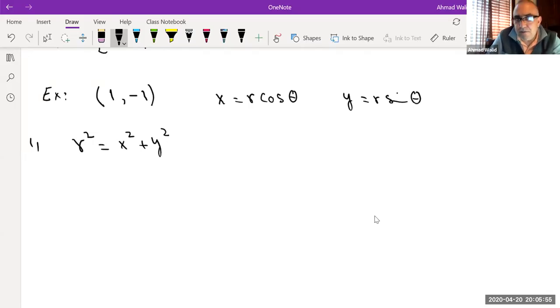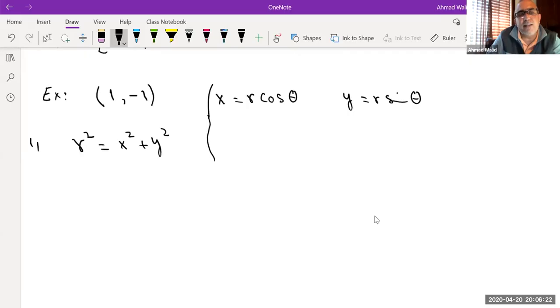If I solve this equation, be careful here, this is the tricky part. I'm sorry, we don't need this. Keep this. Do not solve it for this problem. Okay, r squared equals x squared plus y squared.